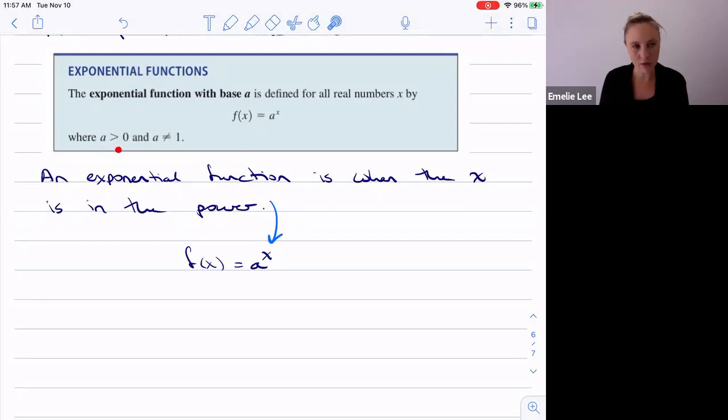The base has to be greater than 0, so we're not going to use a base of 0. 0 to the power of anything is just 0 times 0 times 0, and that's not very interesting. By the same logic, we're not going to use a equals 1, because 1 to the power of 3, for example, is just 1 times 1 times 1, which is just 1. So that's boring. So the base is not going to be less than or equal to 0, and it's not going to be 1.